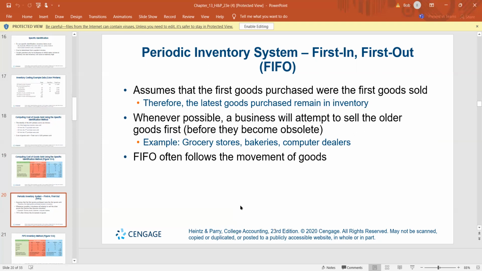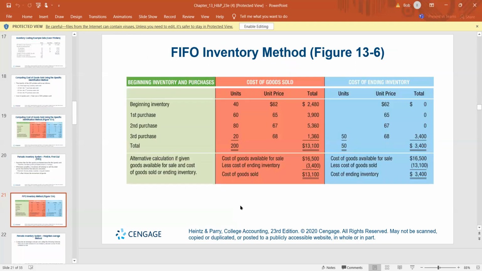We're assuming that the first goods purchased were the first ones sold. Therefore, the latest goods purchased remain in the inventory. Whenever possible, a business is probably going to try to sell the old goods first before they become obsolete or spoil. FIFO often follows the movement of the goods, but that's not necessarily true. So let's take a look at FIFO.